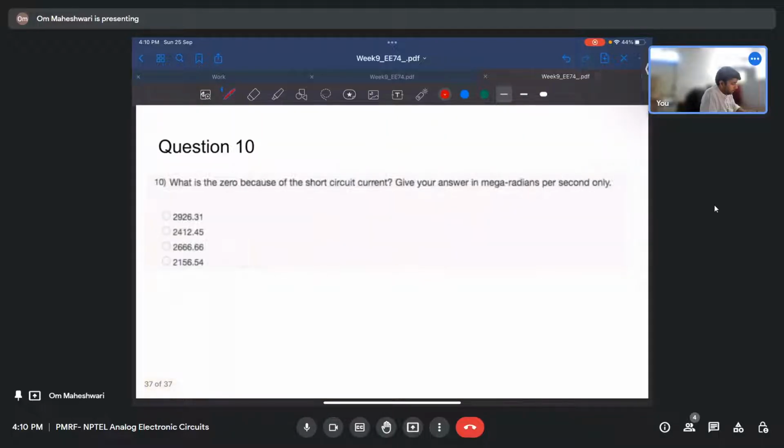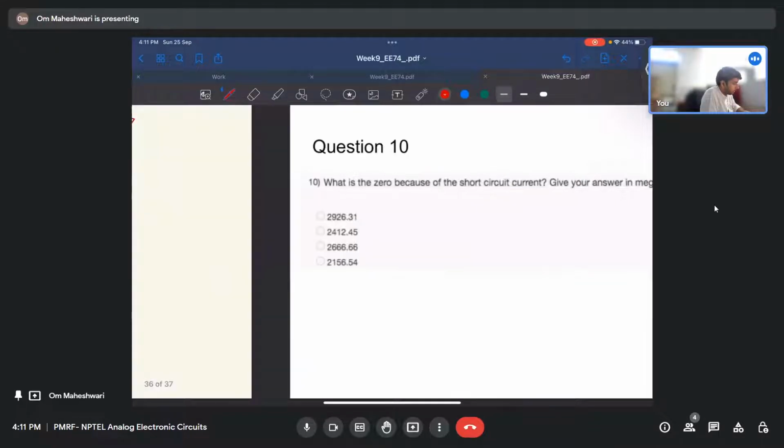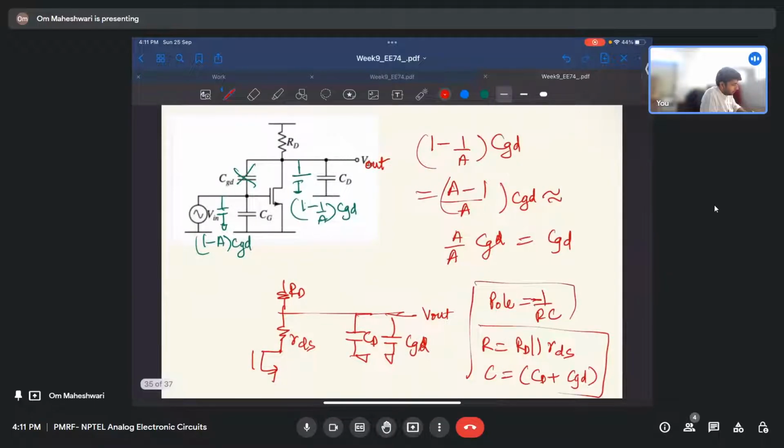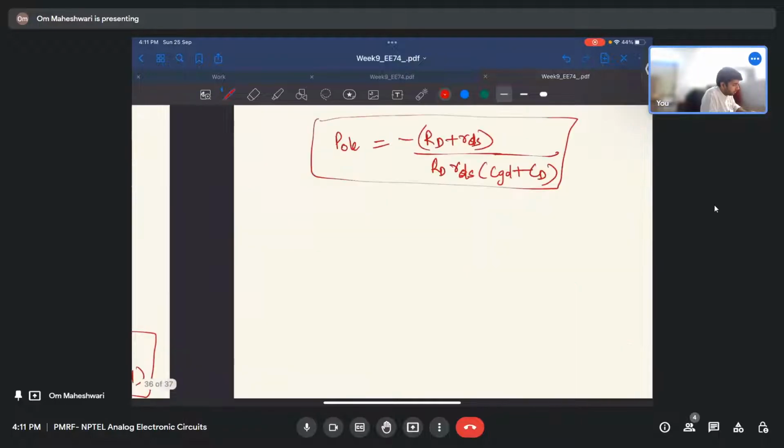And for the last question, what is the zero because of the short circuit current? For short circuit, again we will short the output terminal, that is we will short the source and the output.